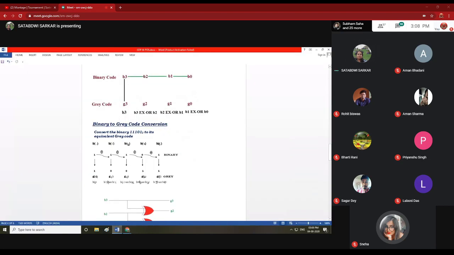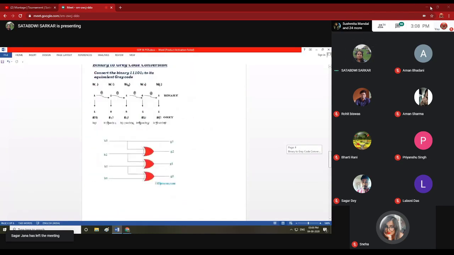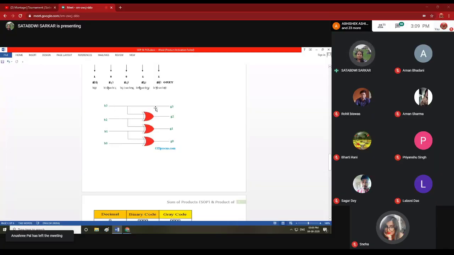Now, see here, this is the circuit. B3, that is the MSB position, will not be XORed. It is same as it is, so it is a direct line. We get the G3 value. And this is the B2 value.